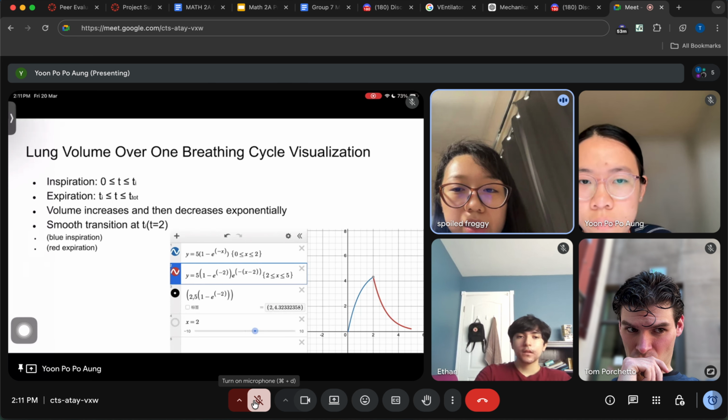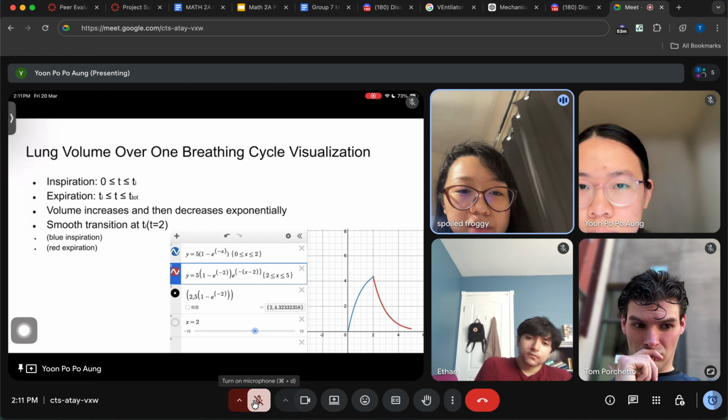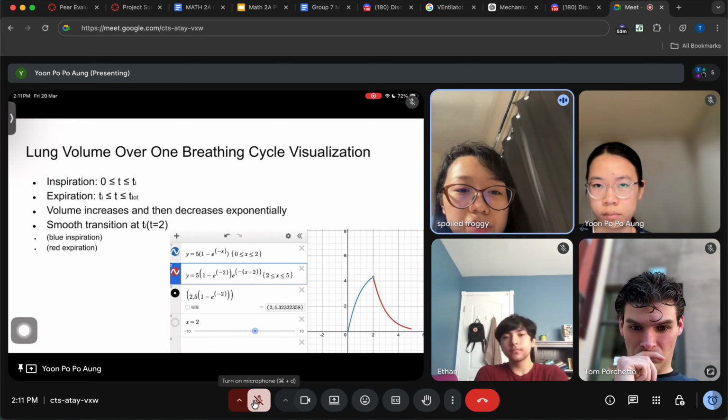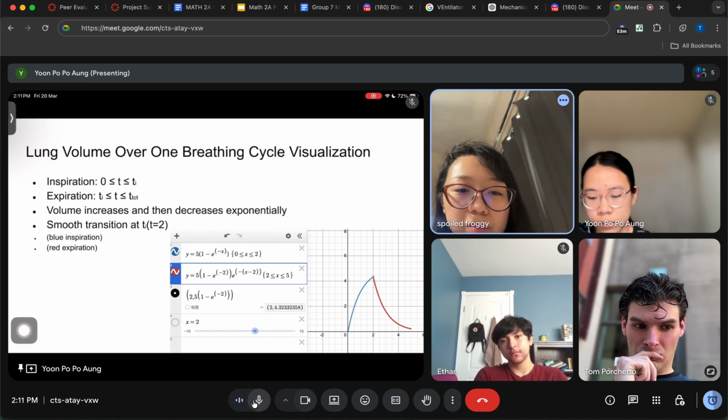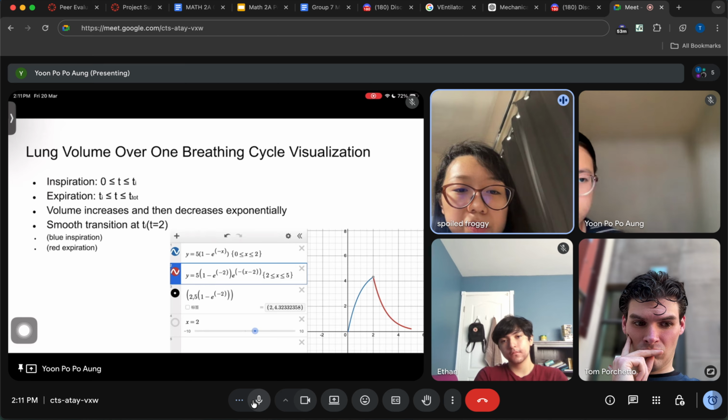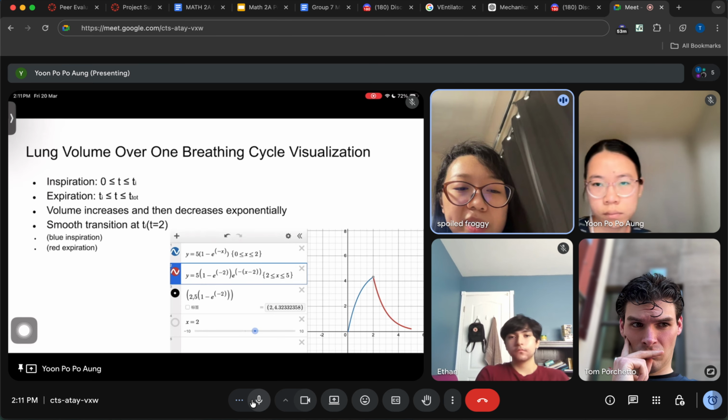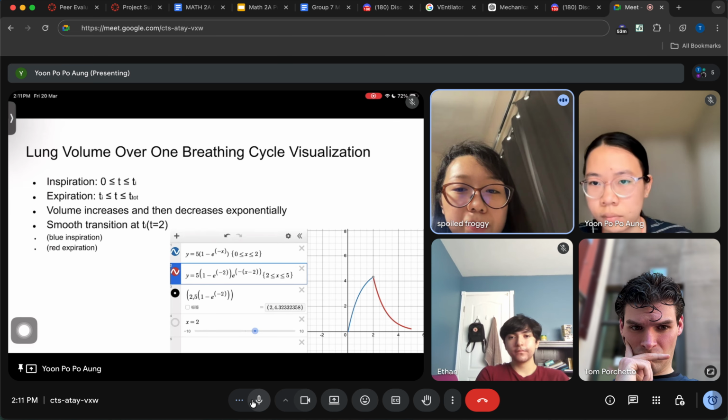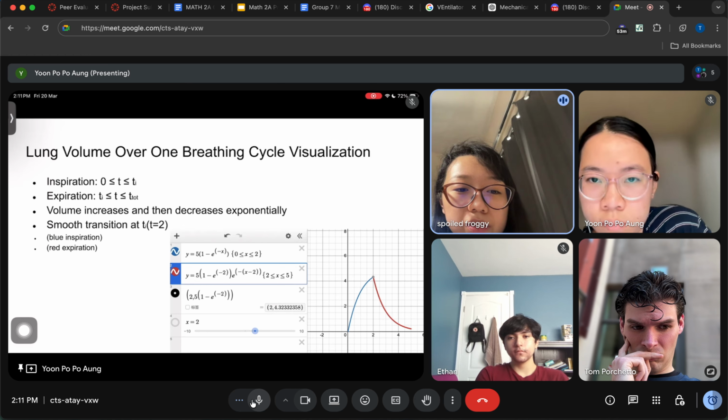To plot our functions. So this graph shows the lung volume over one breathing cycle from time 0 to t equals 5. The blue curve represents inspiration, where the volume increases exponentially, and the top point is t equals 2.